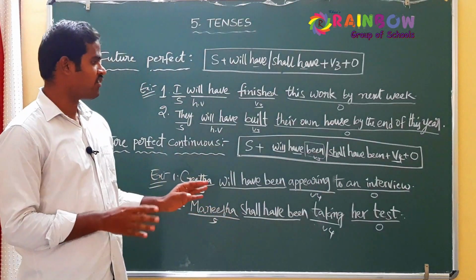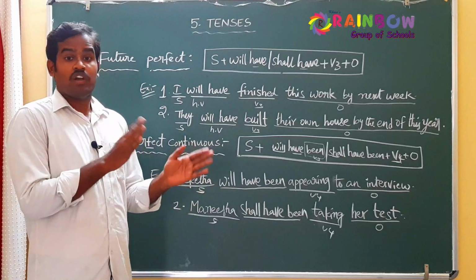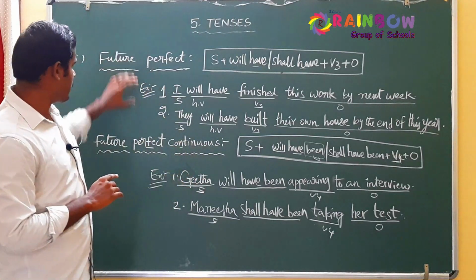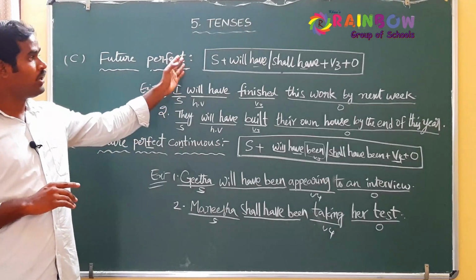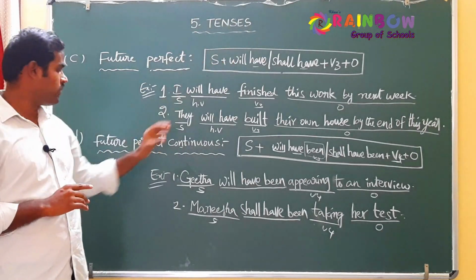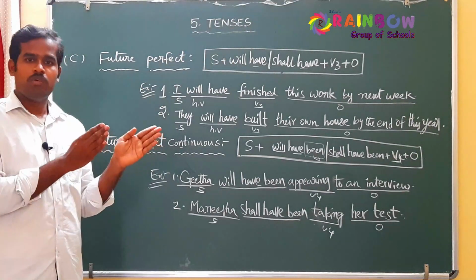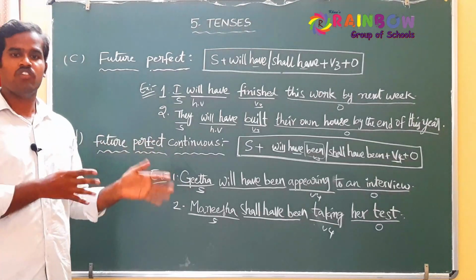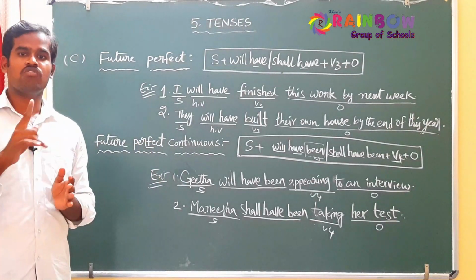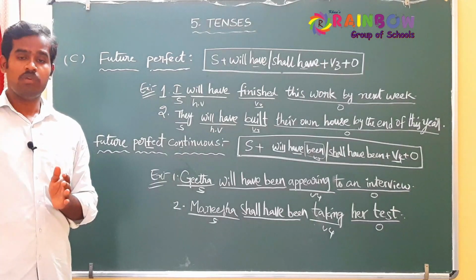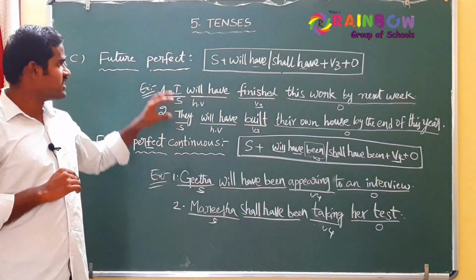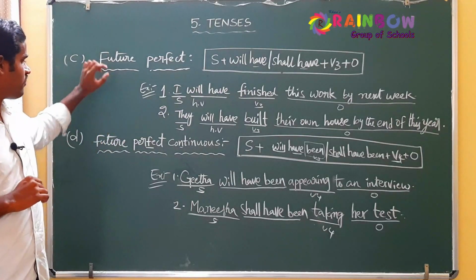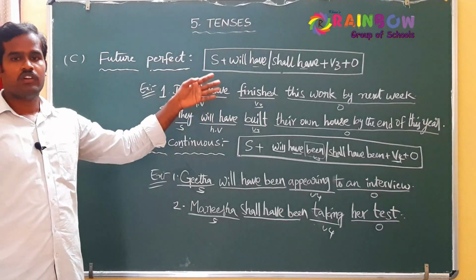It means the interview will be started, but it will not be finished. If you observe the difference between these two, in future perfect the action will be started at some point but finished at another point. But in this case, the action will be started at some point of time in the future, but the same action will be continuing. It will be in progress at some particular point in the future. That is the difference between future perfect and future perfect continuous.